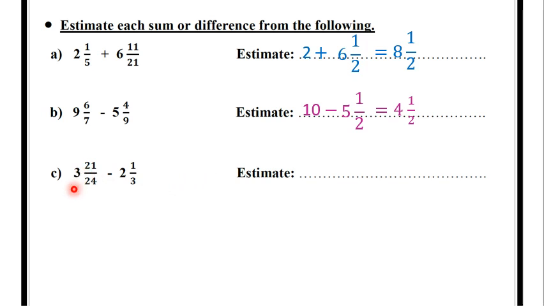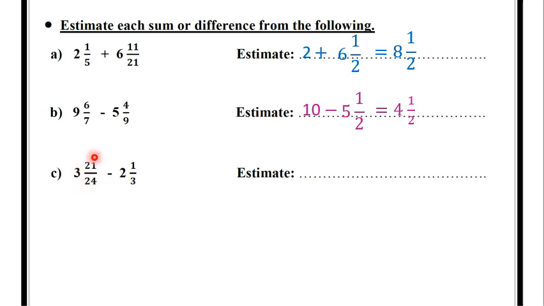The last one, 3 and 21 over 24 minus 2 and 1 over 3. Here we have the whole number 3, and this fraction is 21 over 24. That means it is close to 1, because 1 means 24 over 24. So 21 is close to 24.